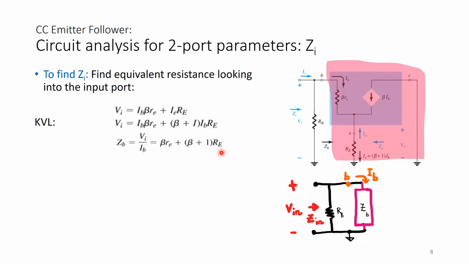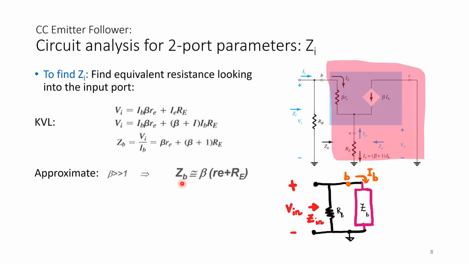This is the same as emitter stabilized bias, where if you have the values, you can just put in the values there, but if you want to approximate to have an easier equation to carry on, then you know that beta is between 15 to 100, therefore we can say it is much bigger than 1, and we can ignore this effect of 1.